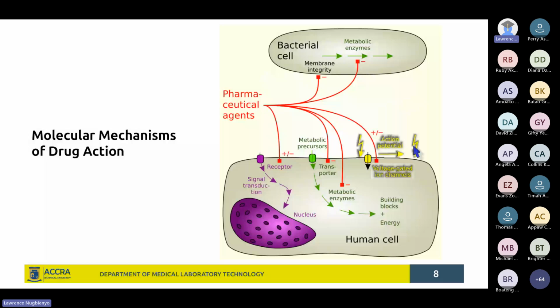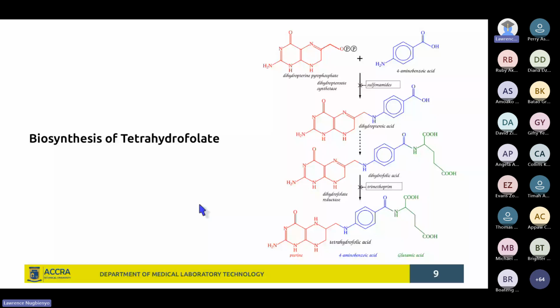All right. Now, with this overview of the various scenarios that a pharmaceutical agent can take, what we'll do now is take some specific examples of some drug substances and how they act. So we now will focus on mechanism of action.